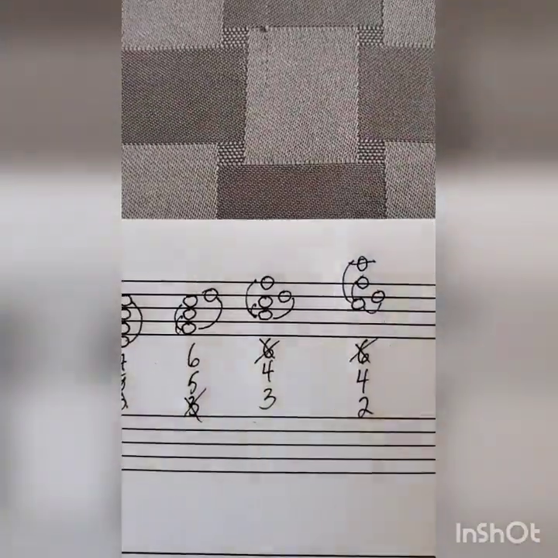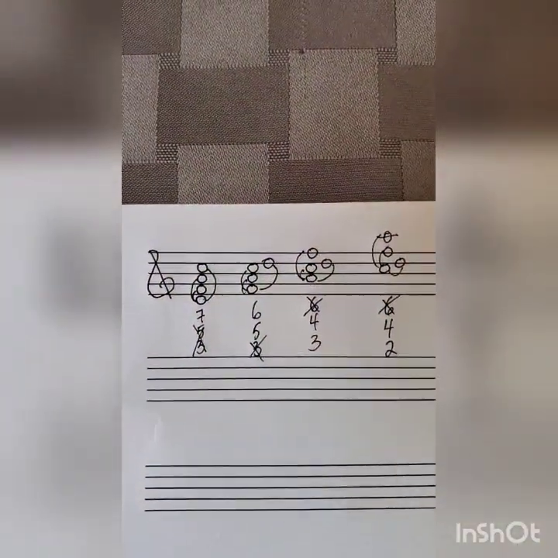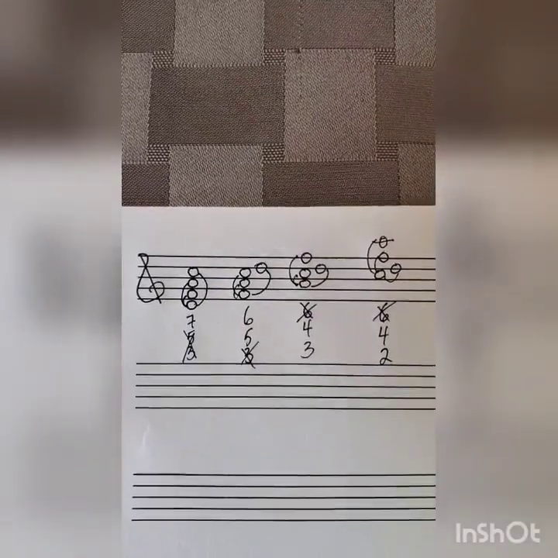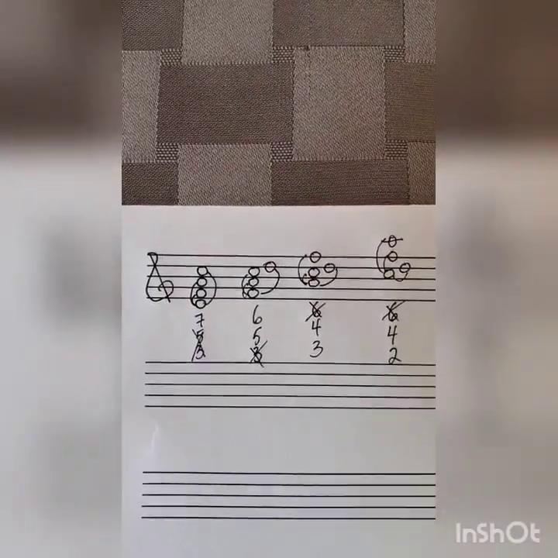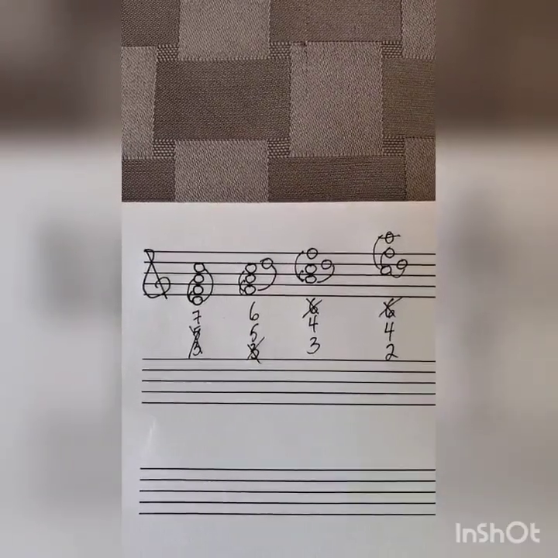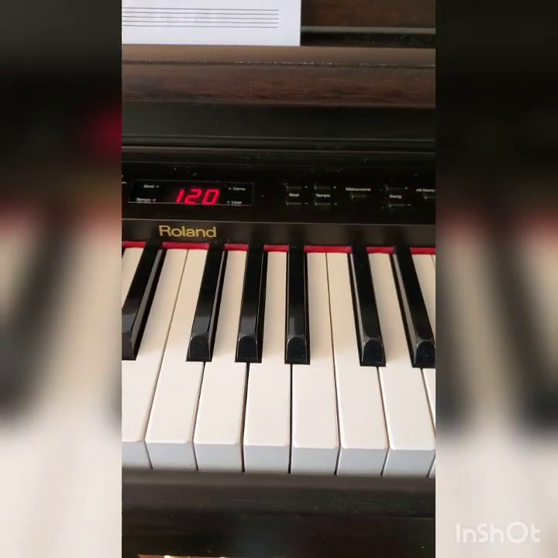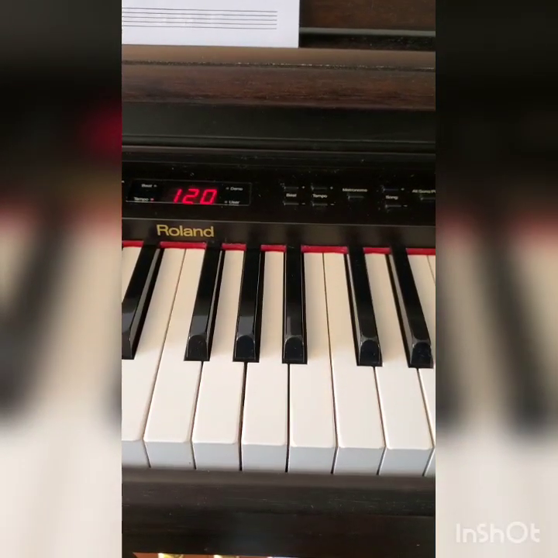And again, the symbol is just simply 4-2. So you can see where those inversion symbols came about. 7 for root position, 7th chord, 6-5 first inversion, 4-3 second inversion, and 4-2 third inversion with the 7th in the bass. It's also helpful to think about the keyboard when you're looking at inversions.